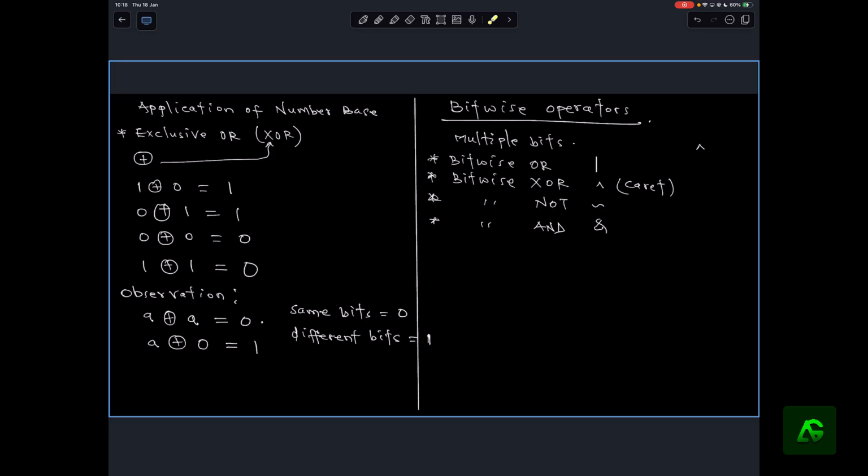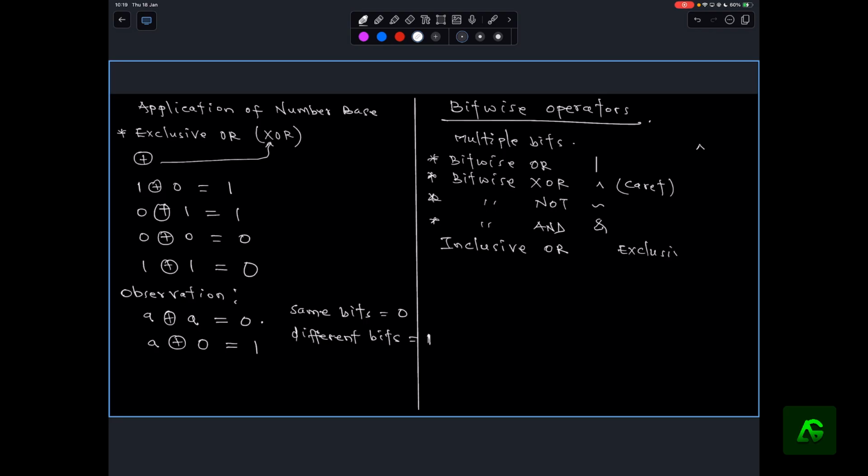Now let us look at how it works. We have what we call inclusive OR, which is the same thing as our bitwise OR, and we have exclusive OR.